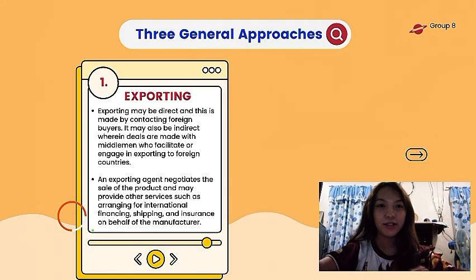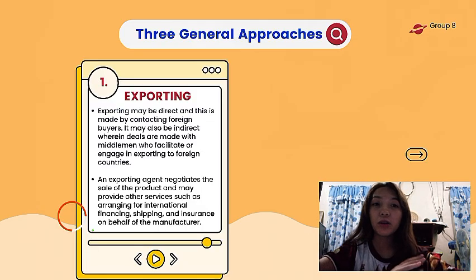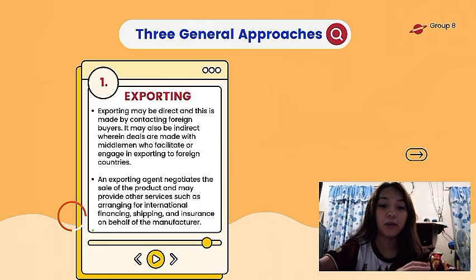So first is exporting. Exporting is the lowest-risk and simplest method of international marketing. What is exporting? We already have a clue about exporting, right? But we're going to learn more about it.